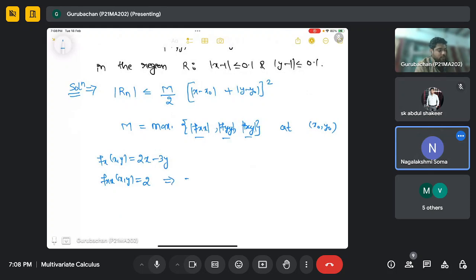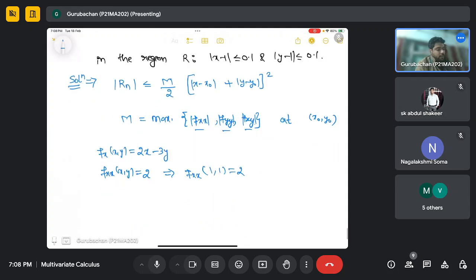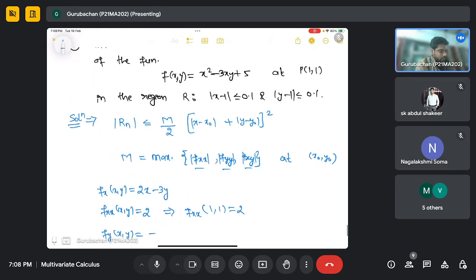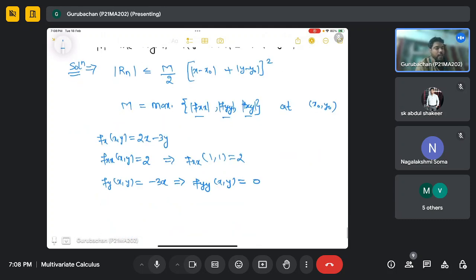So this double derivative at (1, 1) is equal to 2. Now fy is minus 3x, and fyy is 0, right? So this double derivative at (1, 1) is 0.